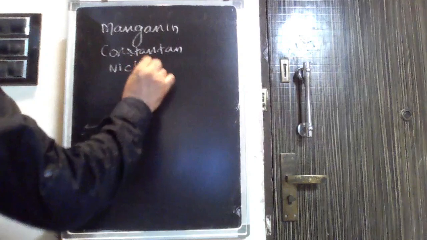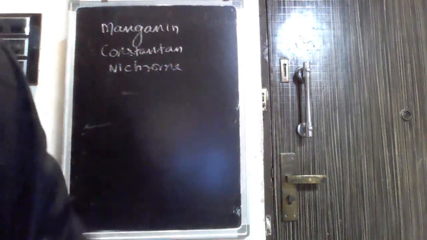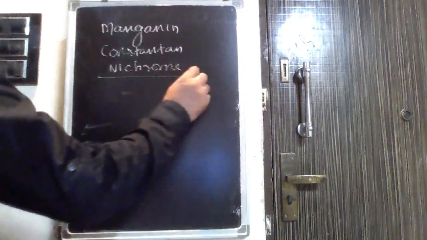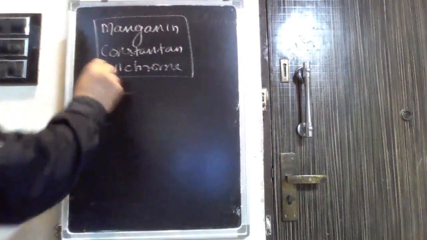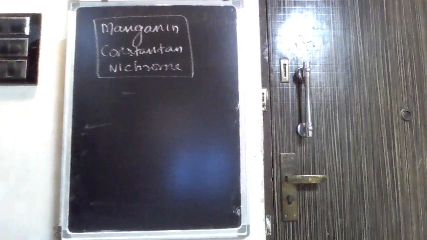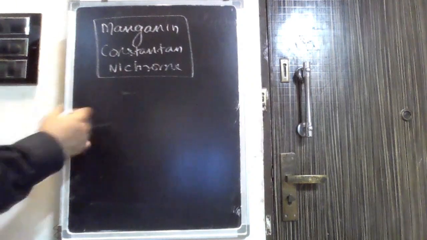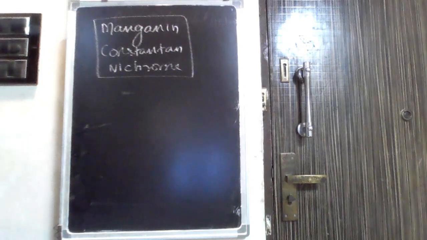These are alloys. These are high resistance wires, so normally they do not allow the current to pass through properly. But in all your instruments like meter bridge, potentiometer, even Ohm's law, everywhere the wires used are based on these only. So these are normally used in your instruments.